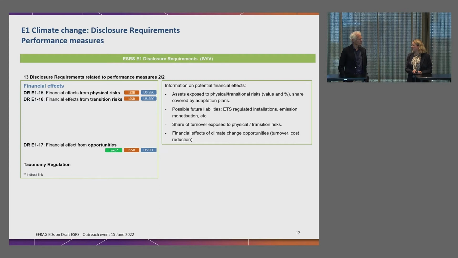For those who practice the TCFD recommendations, for example, this is one of the most challenging points: how we make a reliable, consistent and comparable disclosure of the financial impacts of those risks, and the link to your financial statements. It is a good challenge, but it is a very important point for investors and other stakeholders to see how it will impact your company in line with all the other risks, like credit risks or any other financial risks.